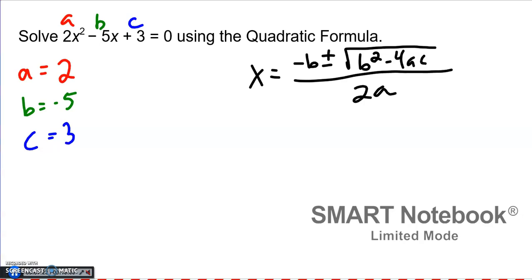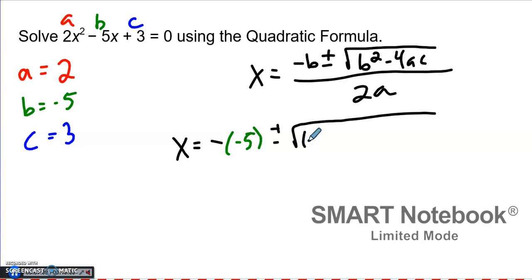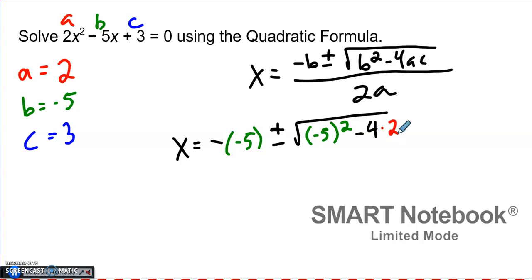So let's do that. We have x is equal to the opposite of our b value, which is negative 5, plus or minus the square root of negative 5 squared, minus 4 times our a value, which is 2, times our c value, which is 3.